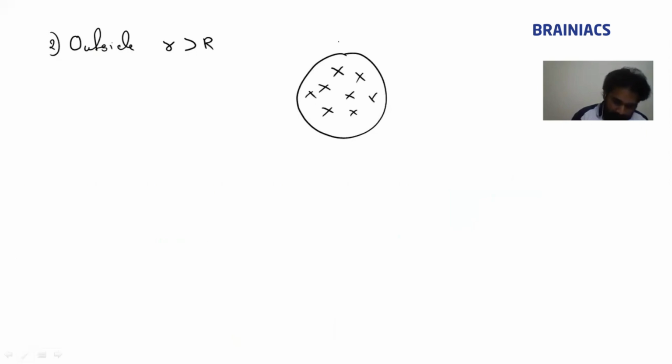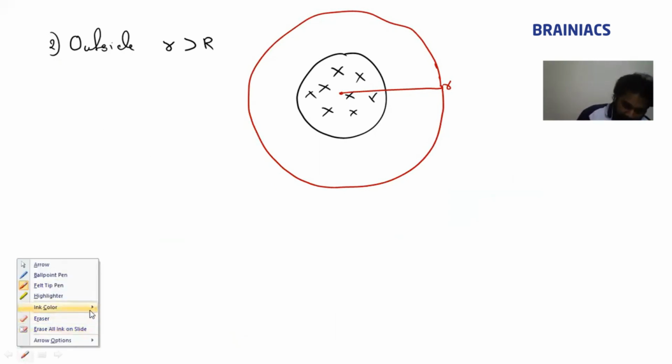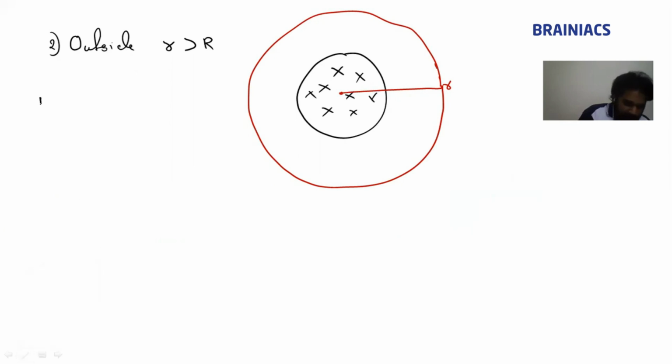We have taken, from the center, we have taken r. So this is the loop we have taken. Now again same formula. If we try, E is equal to line integral of E dot dl.